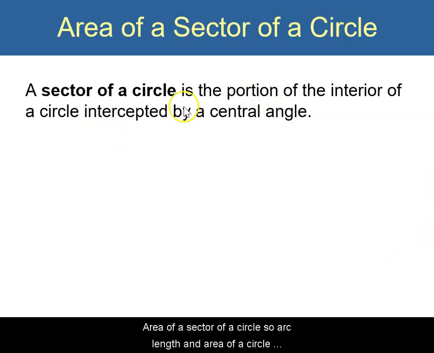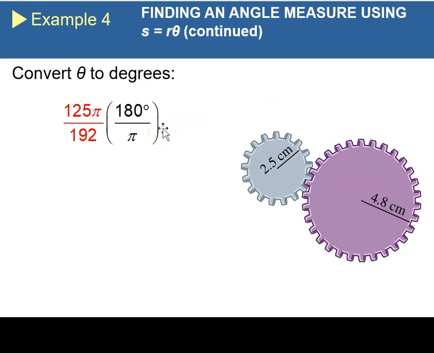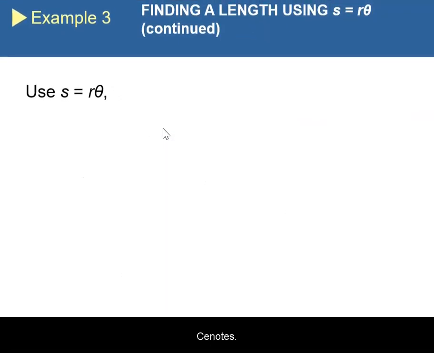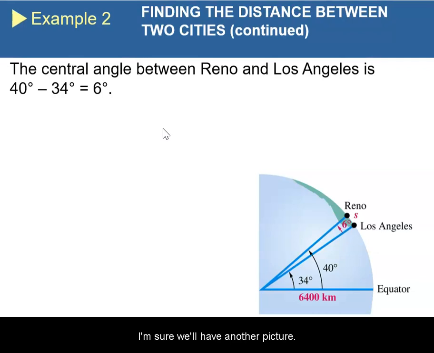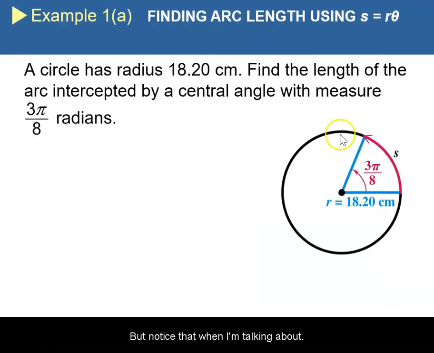Now, area of a sector of a circle. Arc length and area of a sector are closely related, so we're going to be developing that today, right? A sector of a circle is a small portion of the area of a circle. Notice that when I'm talking about a radius traversing an angle and creating an arc, it also creates a slice of pie.